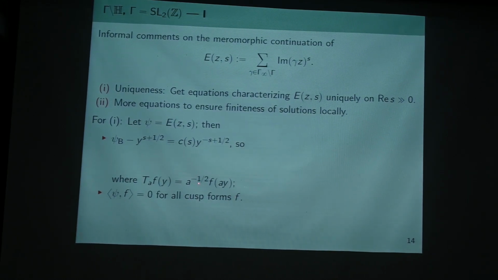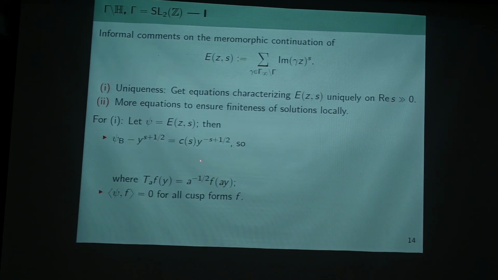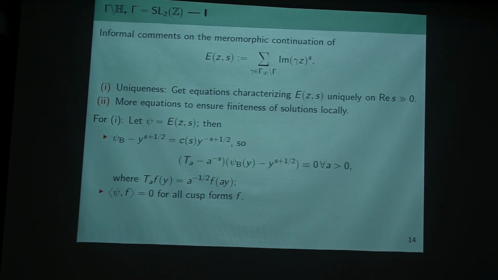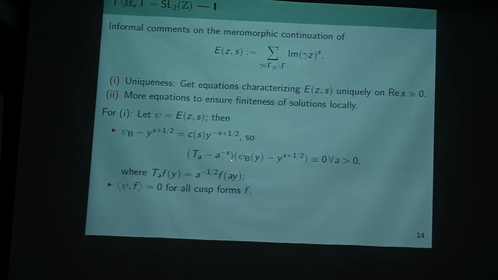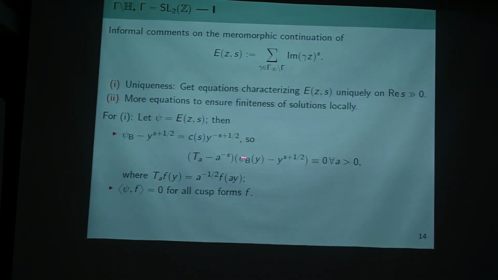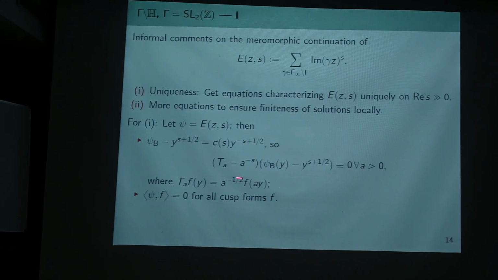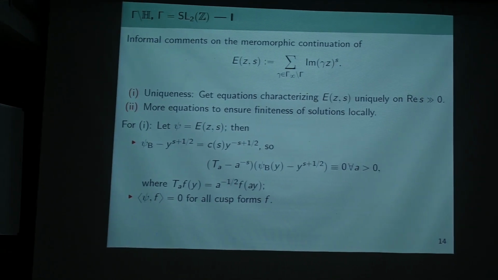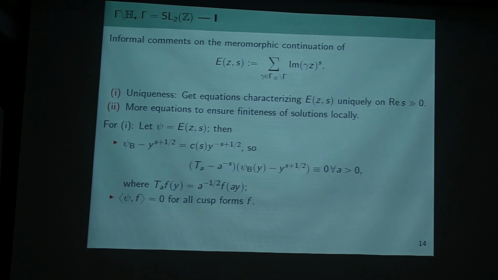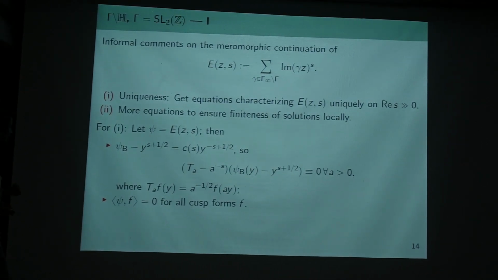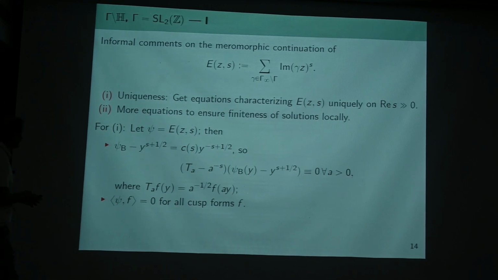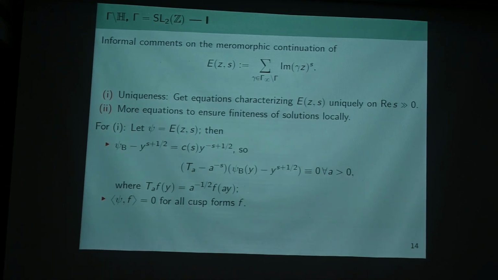And then you multiply it with a raised to minus half to destroy that minus half part. So it is an eigenfunction for Ta with eigenvalue a raised to minus s. Okay? So the constant term minus y raised to s plus half is an eigenfunction for this translation. And the second condition is that it's orthogonal to all the cusp forms. Okay? So let me give some idea of why this characterizes the Eisenstein series uniquely.